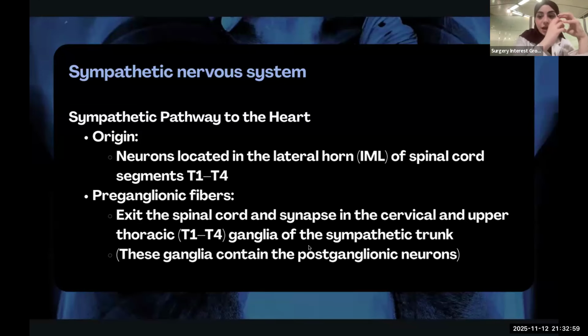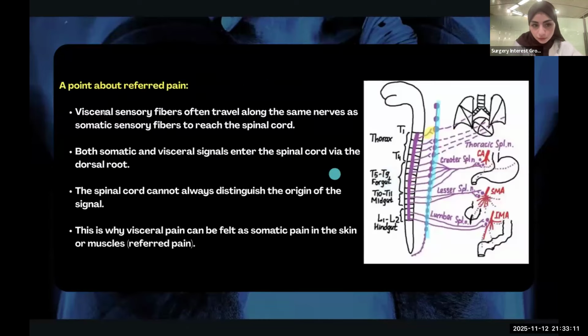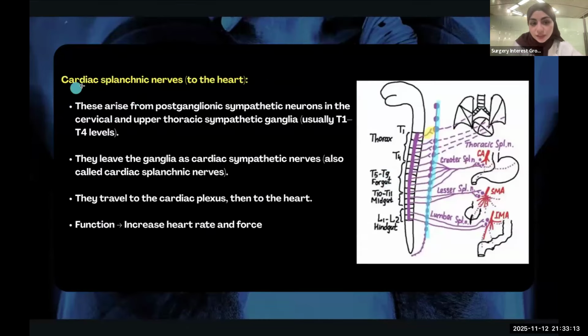And then after I've synapsed, now I'm going to give my postsynaptic fibers. The postsynaptic fibers, a very specific name for them is going to be what? Hold on, the cardiac splanchnic nerves. To break the name down, we have cardiac because they're going to be specifically postsynaptic. This is very important. She stressed on it.